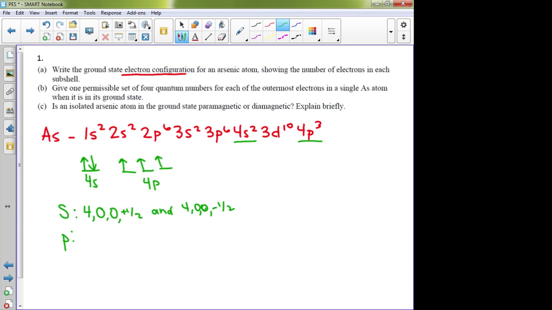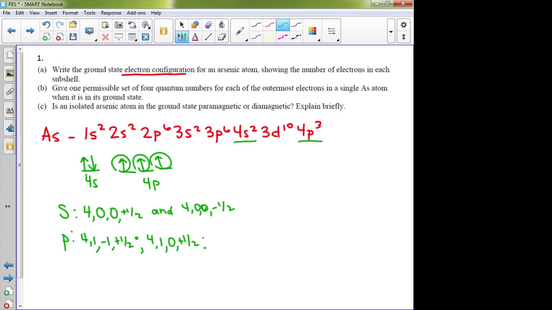So then my p orbital, let's start with the first one and then work our way down. What's N going to be? 4. L's going to be 1. M's going to be negative 1. And S is going to be positive 1/2. Next we would have 4, 1, 0, positive 1/2.